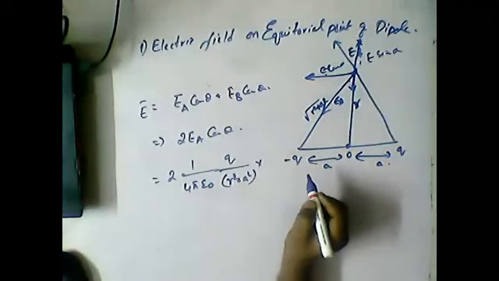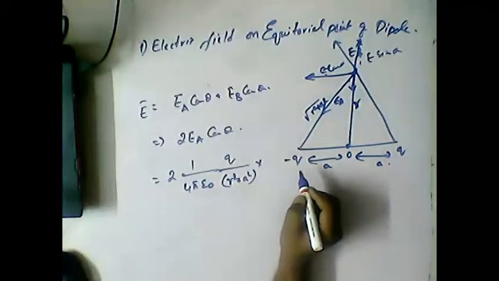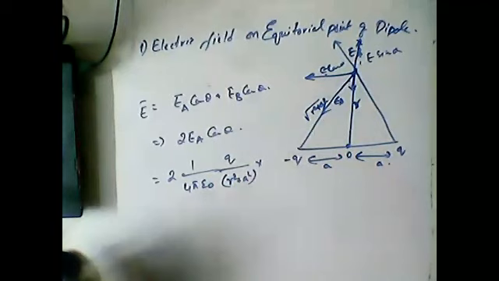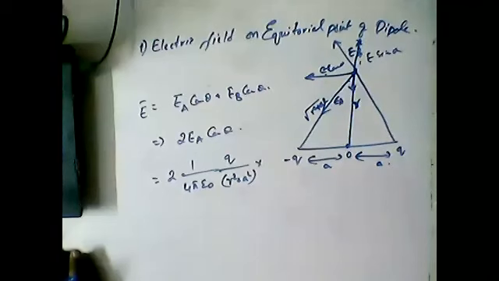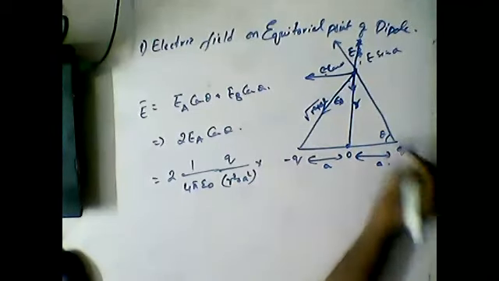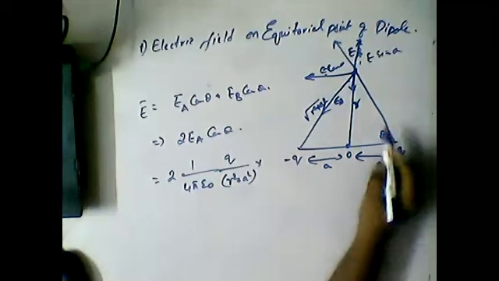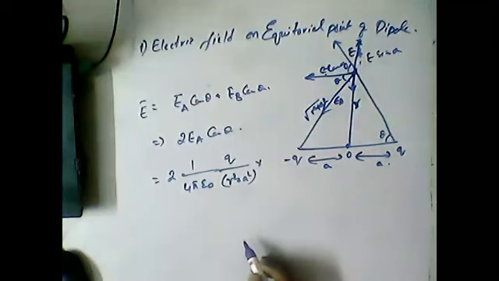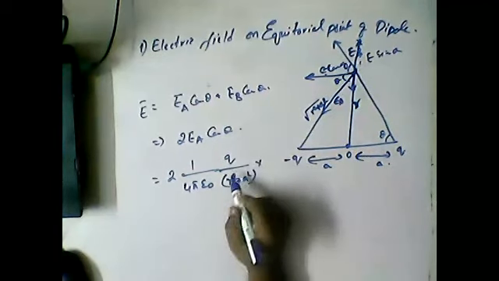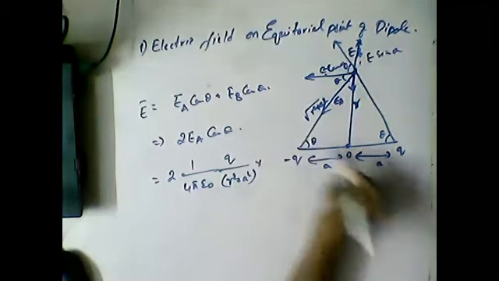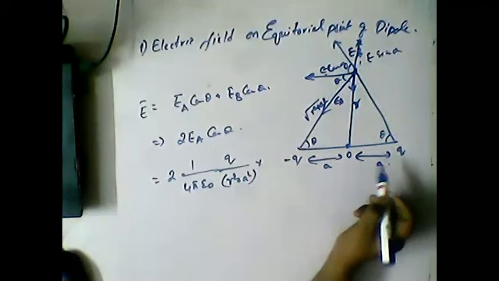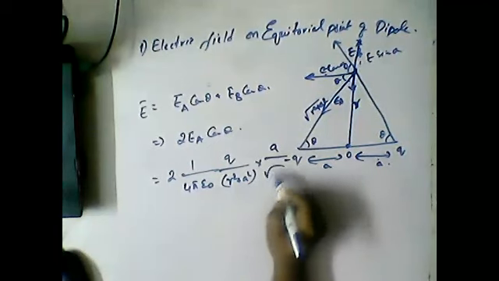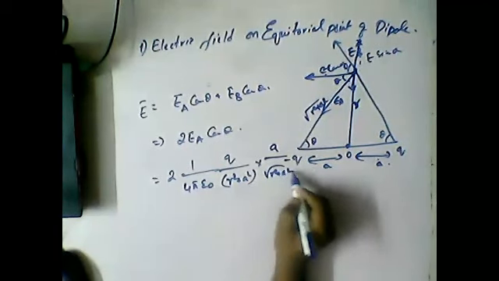Cos theta means adjacent side by hypotenuse. So theta is here, and here also we can write theta. Based on that, cos theta can be written as a by square root of r square plus a square.